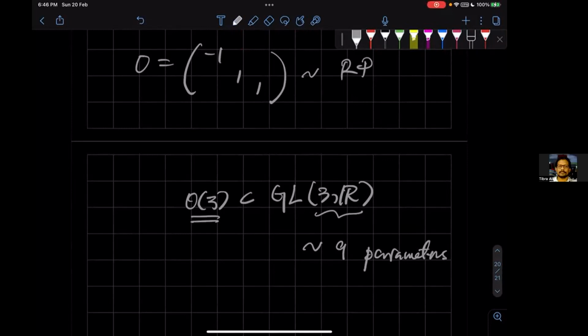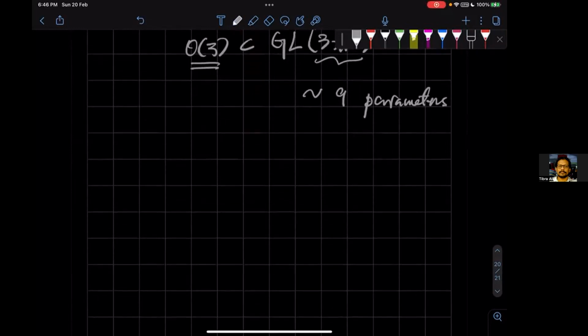Okay. All right, so what is the number of parameters of O3? So, don't think that scaling is not important. Scaling is important.